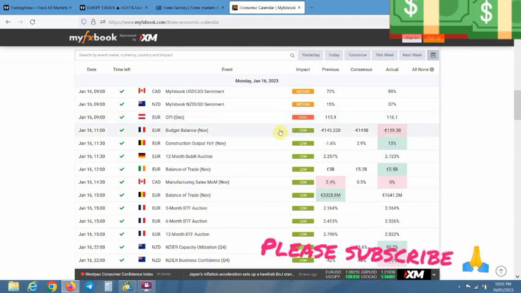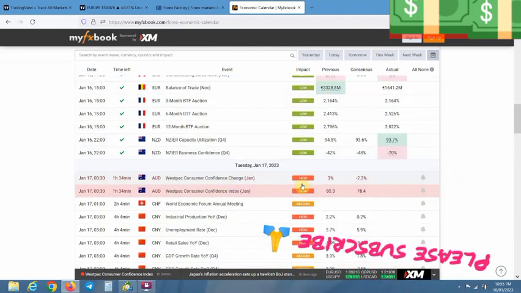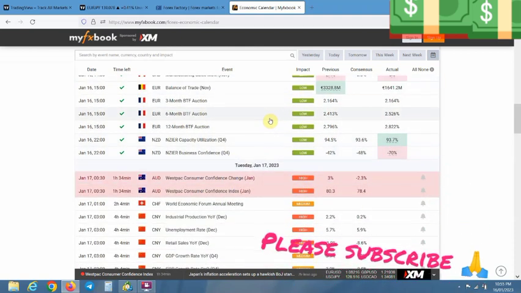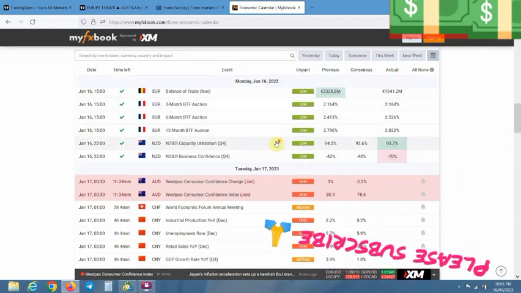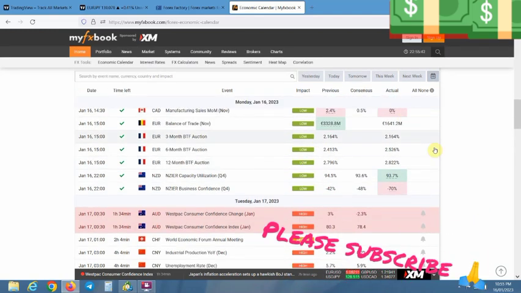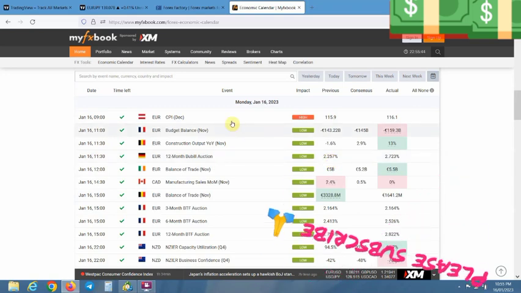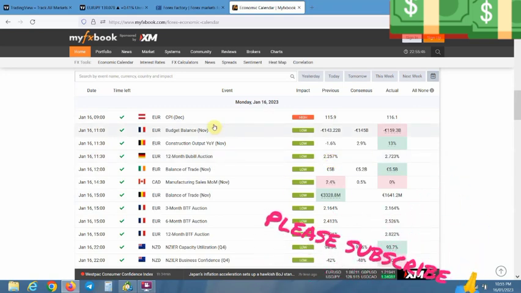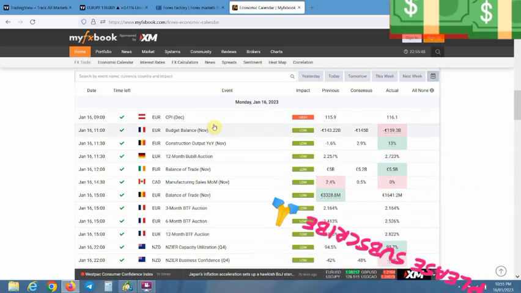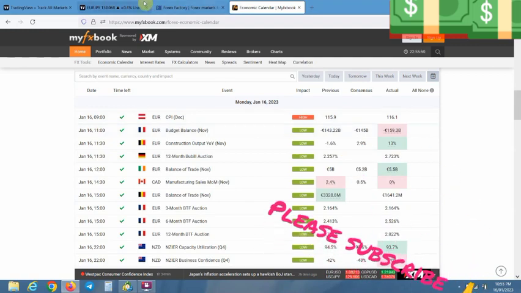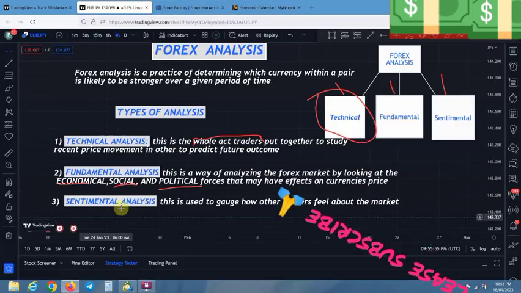All right, so they give you a better understanding of how this stuff works, they don't just leave you in the dark. All right, so that is why I say myfxbook is my favorite when it comes to fundamental analysis.